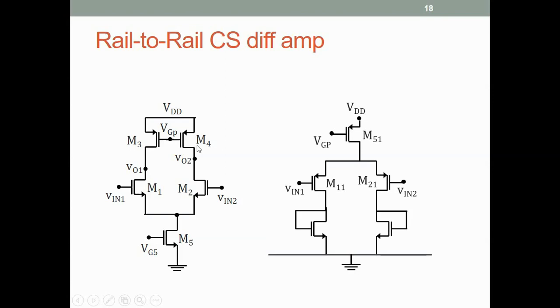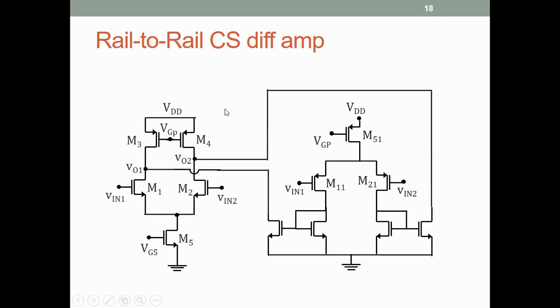Alright, so what do we do? It's a very nice idea that we probably have not discussed before, so let me just show it and then talk about it. This is our differential amplifier. Let us focus on this current. We mirror it to another NMOS, and that NMOS is connected to this node. So now what happens? The current in M3 is the sum of the current in M1 and the current in this transistor, which is the same as the current in M11.